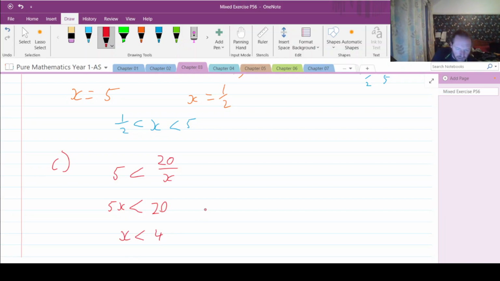Now, because the x started underneath as an inverse, we should really be looking at what the graph y equals 1 over x looks like. It looks something like that.